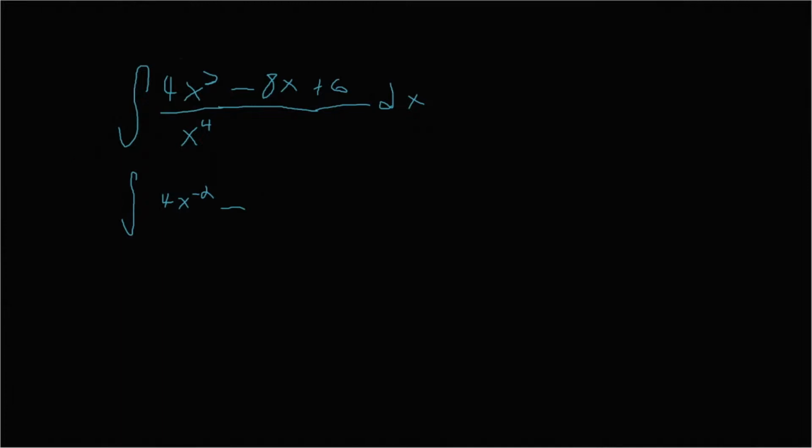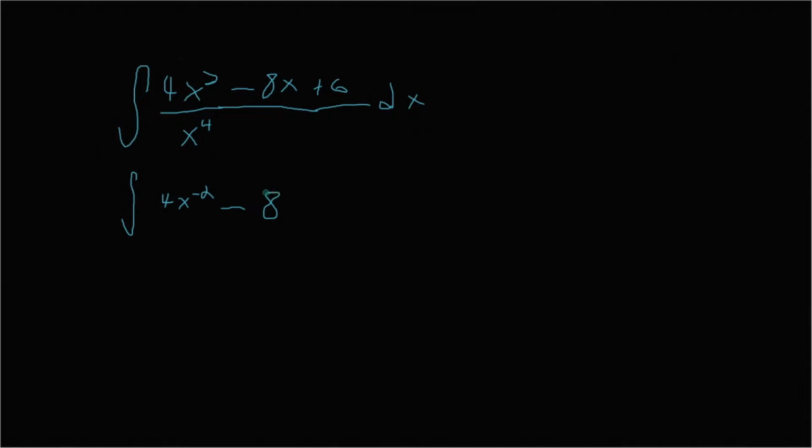So now we have this part, this 8x over x to the fourth. So it would be negative 8, and then we subtract the exponents. So x minus x to the fourth would be x cubed, but it's negative. So we're going to just rewrite this as, that is not an 8.